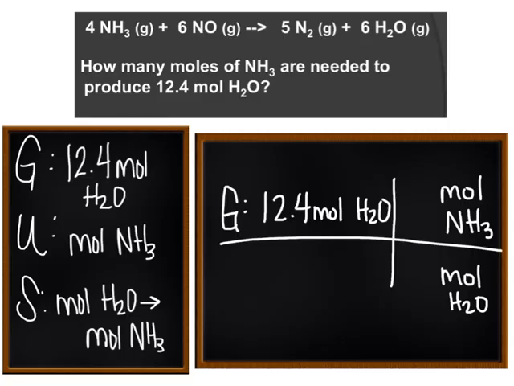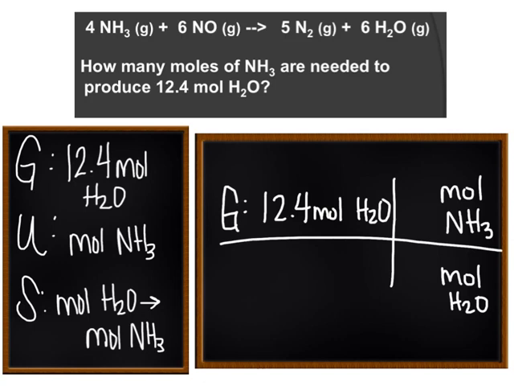Okay, so hopefully you got everything set up. You've got your given, unknown, and solution. Your given is 12.4 moles of water. Unknown is how many moles of NH3 were needed to get that 12.4 moles. So we're going to convert from moles of water to moles of ammonia. Now, set it up with your given on top left. Then at the bottom, how many moles of H2O gives how many moles of NH3?